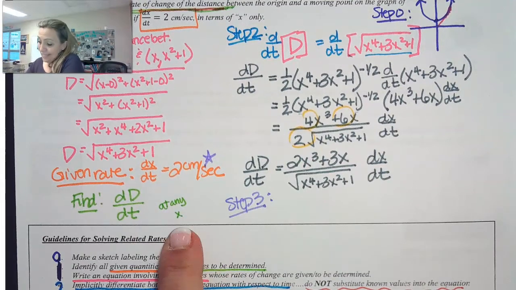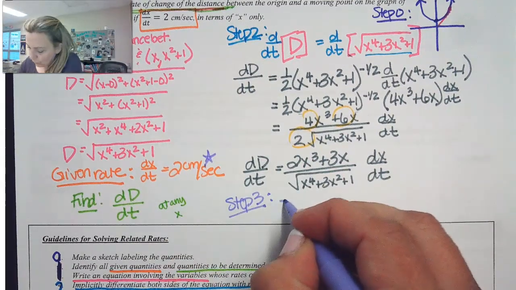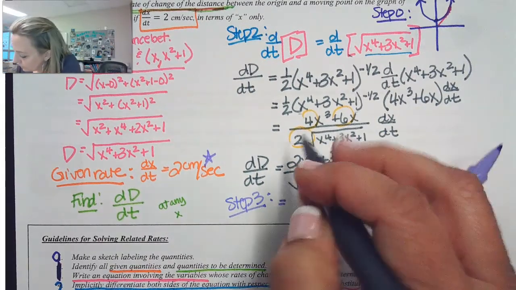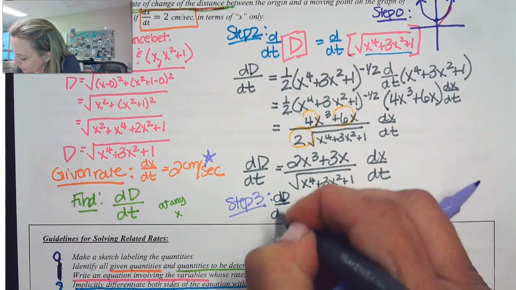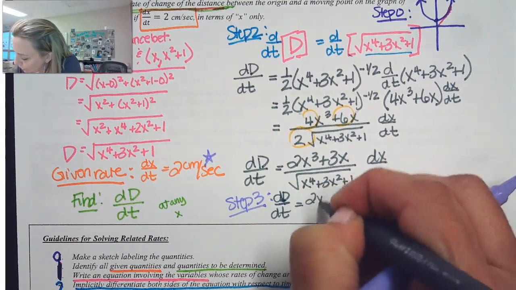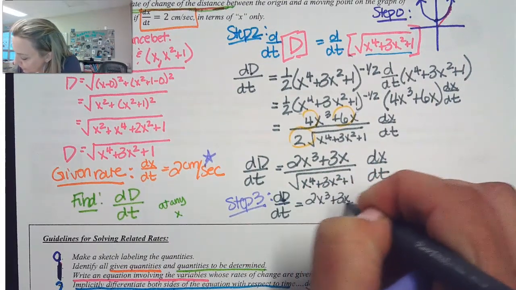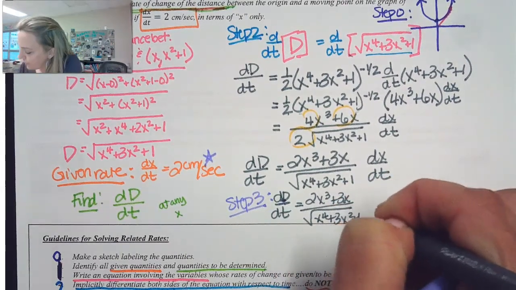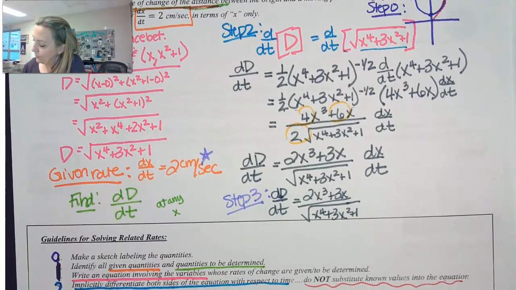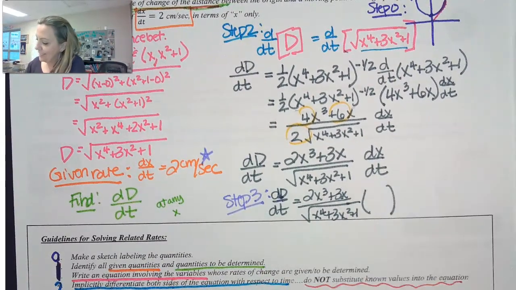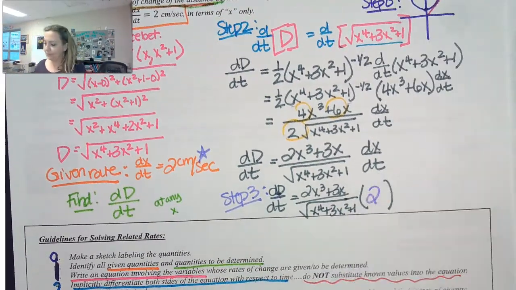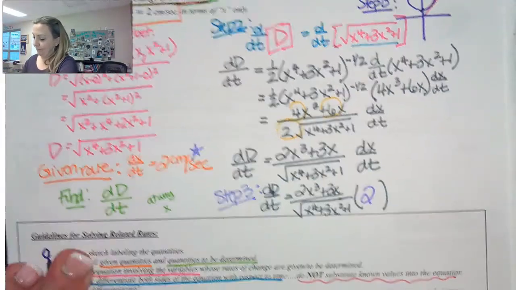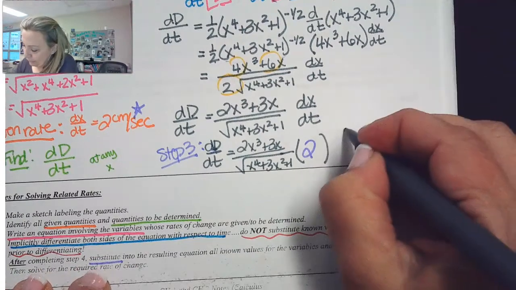It was at any x value, so we're just going to take this 2x cubed plus 3x over the square root of x to the fourth plus 3x squared plus 1. And then we essentially just put in dx/dt, which is 2. And then that's really it for this one.